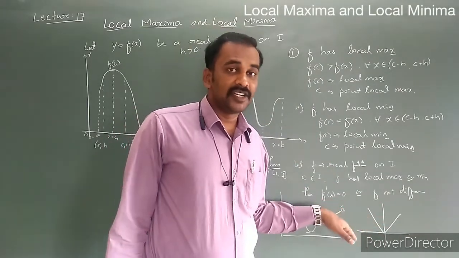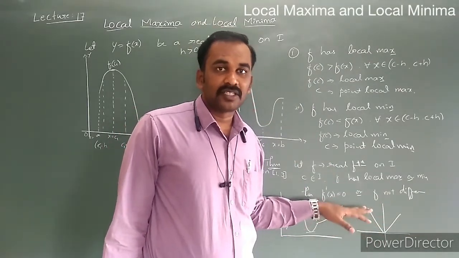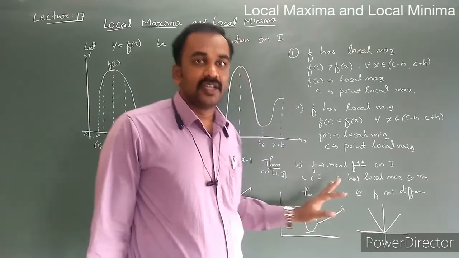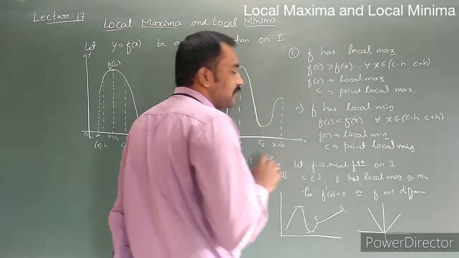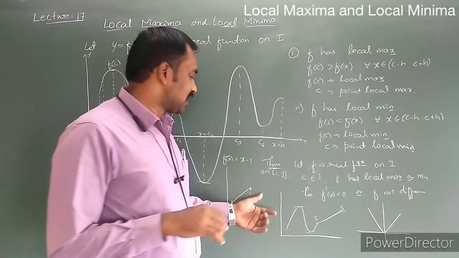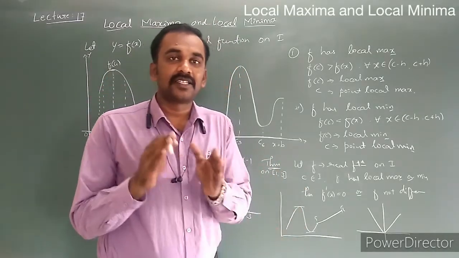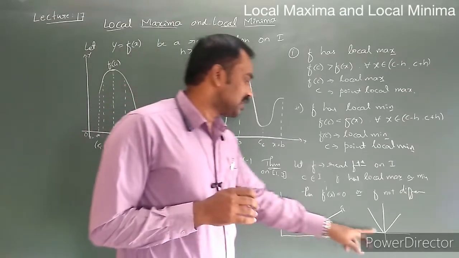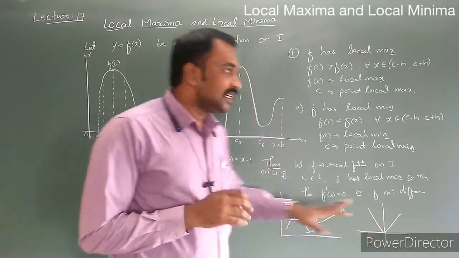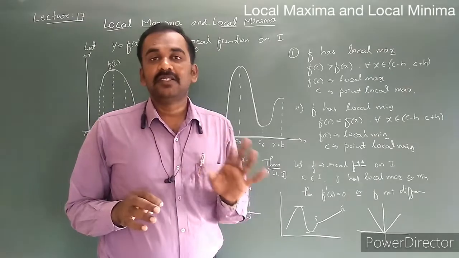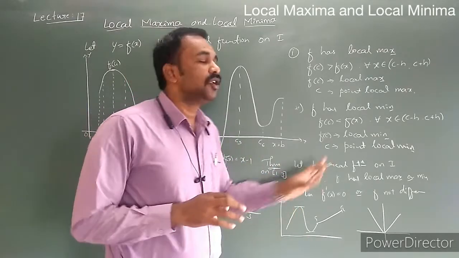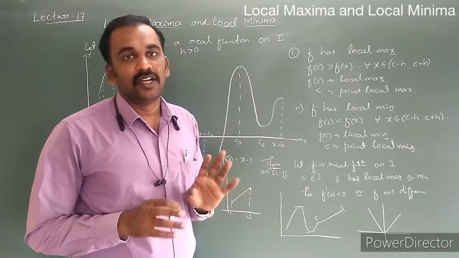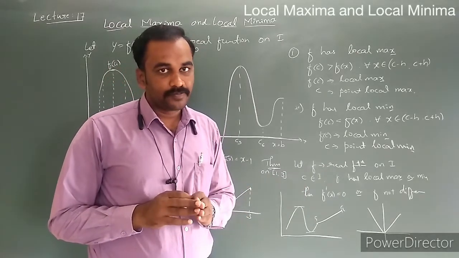For the modulus function, we have already proved continuity and differentiability by taking the LHD and RHD. So we can make one hint: whenever the graph of the function has a sharp edge, at that point the function is not differentiable, but a local maxima or local minima exists.